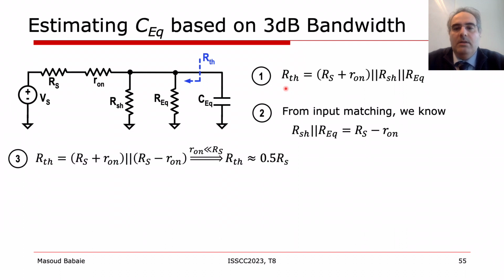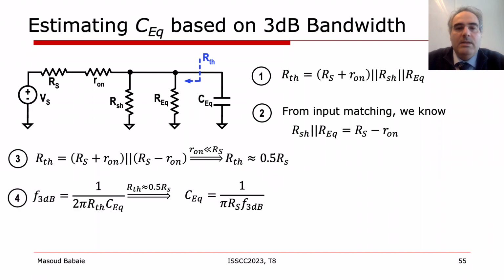As a result, the Thevenin resistance can be estimated by the parallel combination of Rs plus R-on and Rs minus R-on. Considering that R-on should be much smaller than Rs, the Thevenin resistance is equal to 0.5 Rs. Consequently, C equivalent is inversely proportional to Rs and the baseband bandwidth of the receiver.